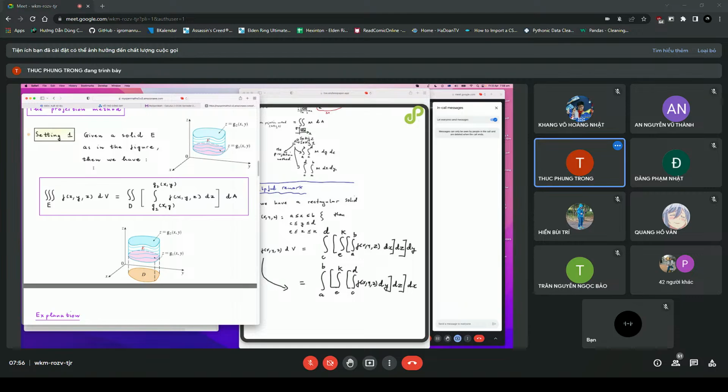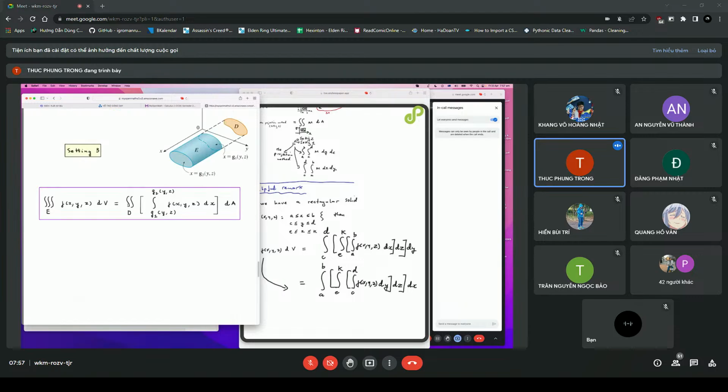If we apply setting 1, then you get some order corresponding to that setting. If you apply setting 2, then you have some orders corresponding to that. If you apply setting 3, you have some orders corresponding to that. That's why we had this, because for whatever setting you apply, we still have the same thing, right? Because the left-hand side is still the integral of the function f over the solid E. So we still had the same thing. All right, so that's the remark we have right here.